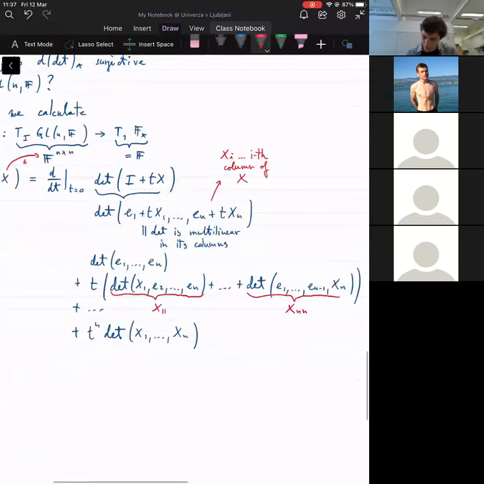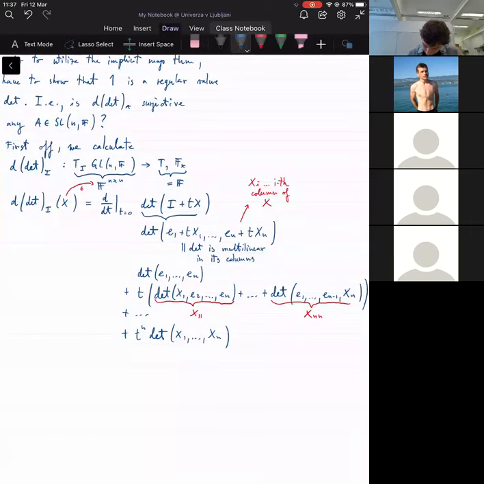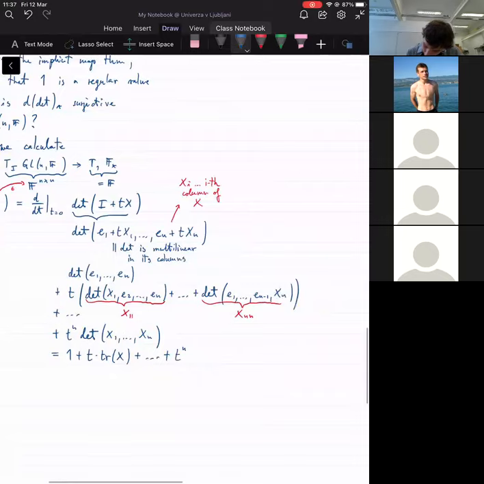So altogether this is 1 plus t times trace of X plus dots plus t to the power of n times the determinant of X.